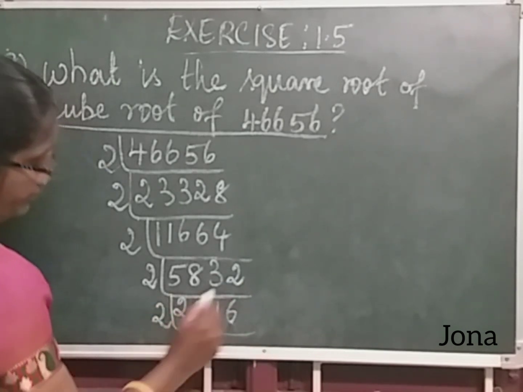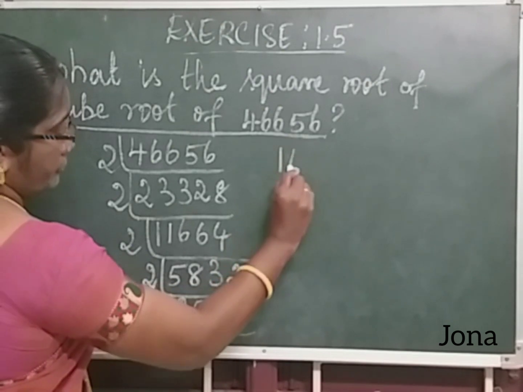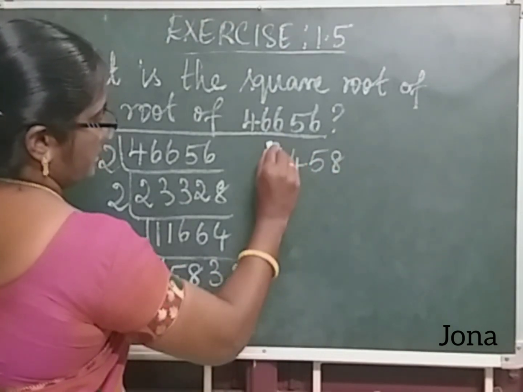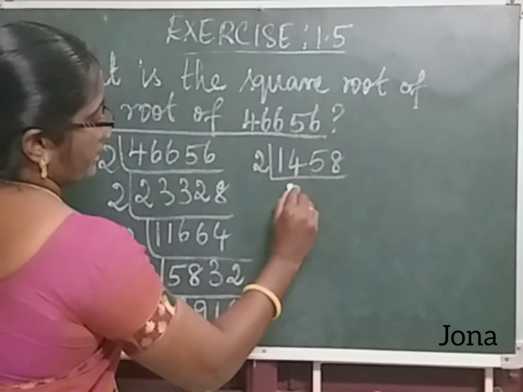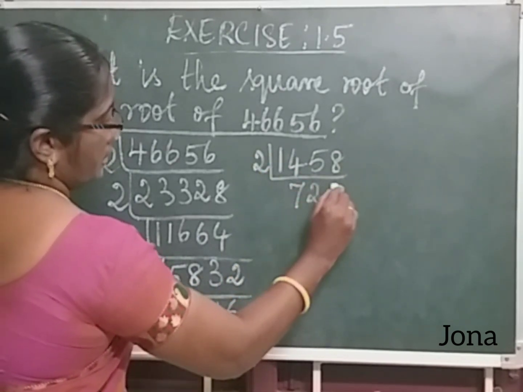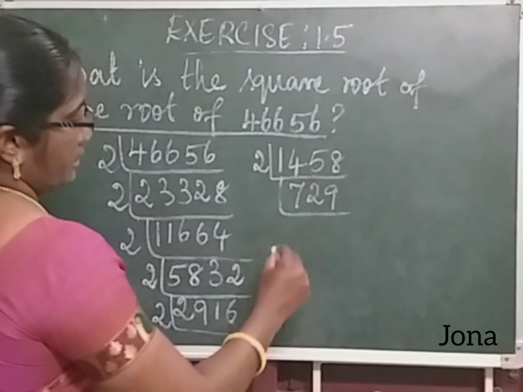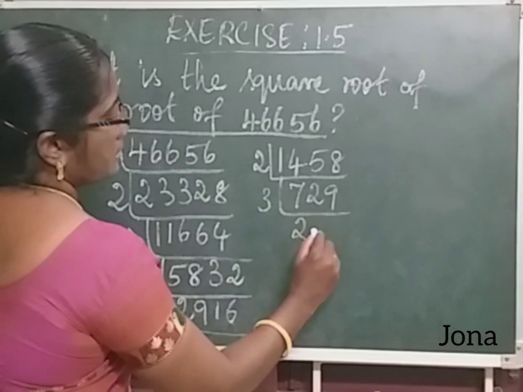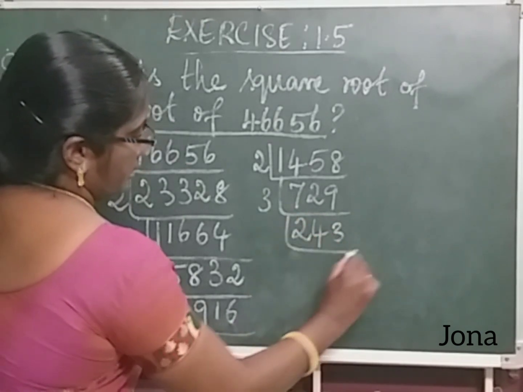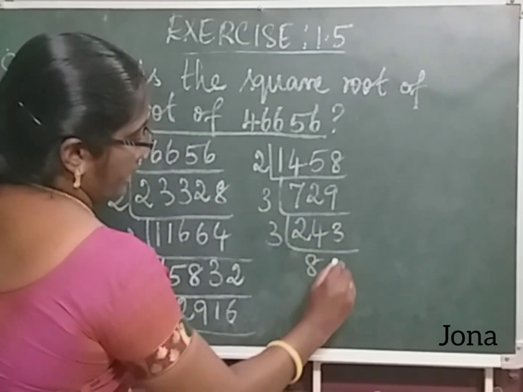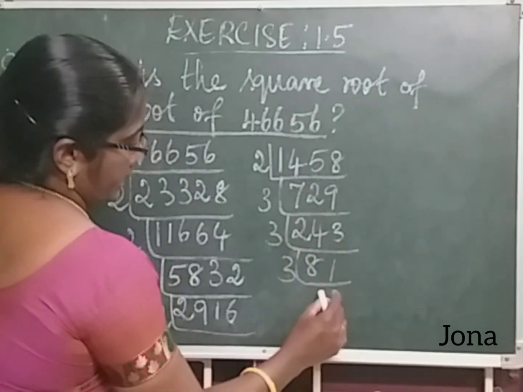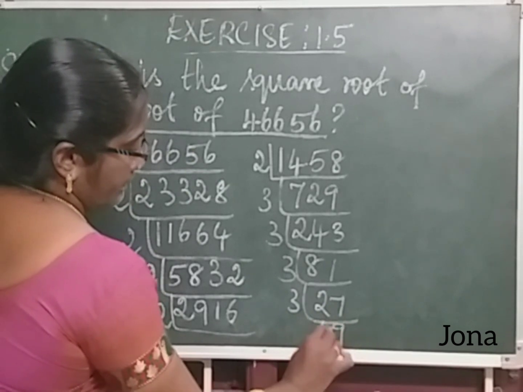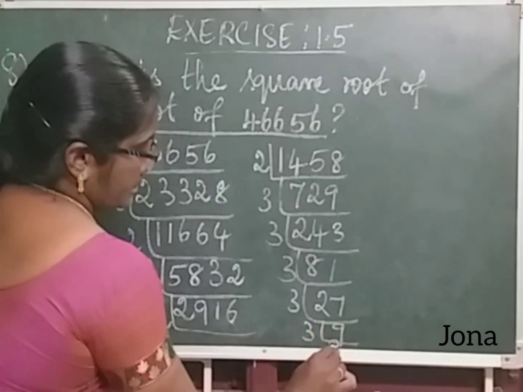Again by 2, it will be 1 time, 4 times, 5 and then 8. Again by 2, 7, 2, 9 and then by 3 table, 2 times, 4, 3. Again by 3, 8 times, 1. Again by 3, 27. Again by 3, 9. Again by 3, here it is 3 times.